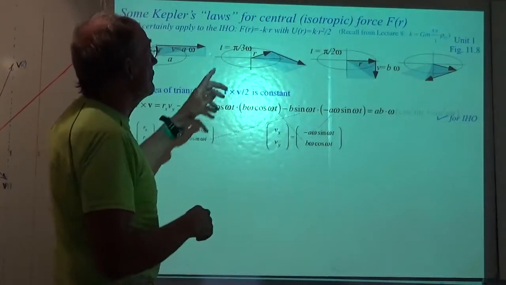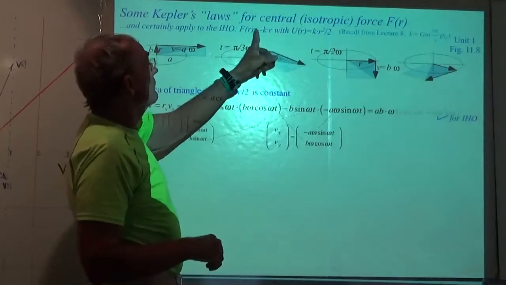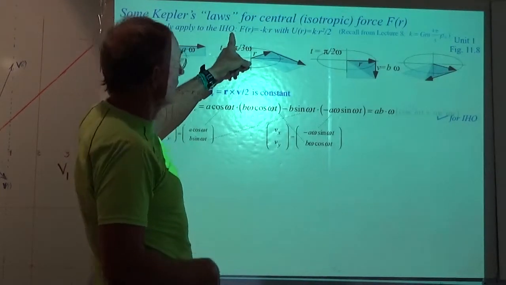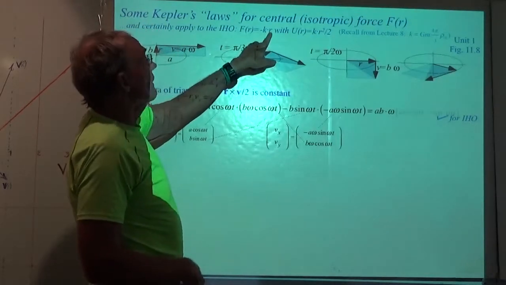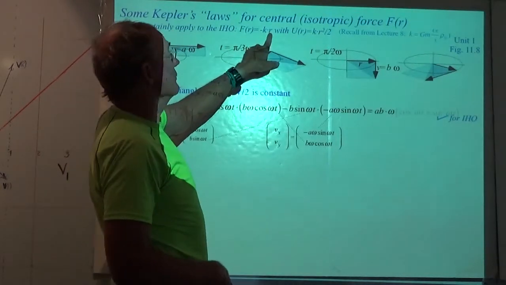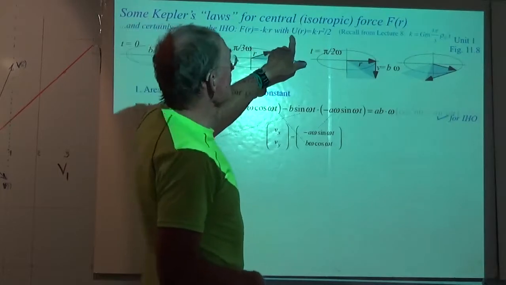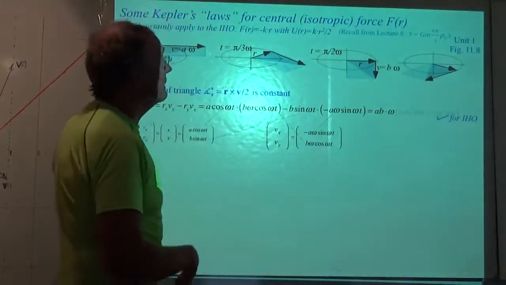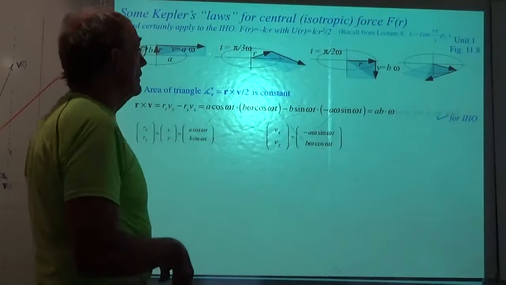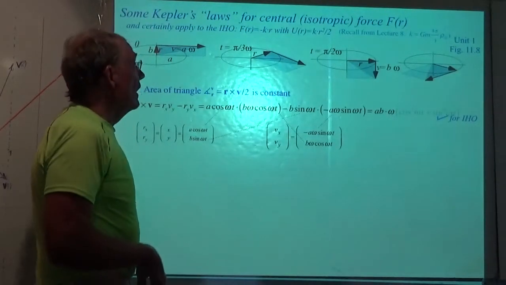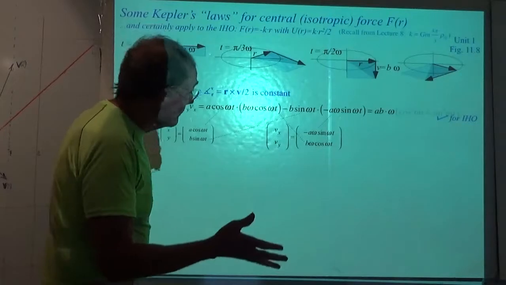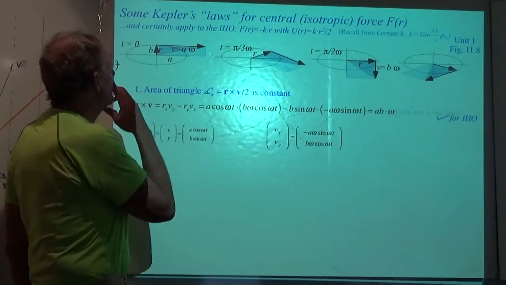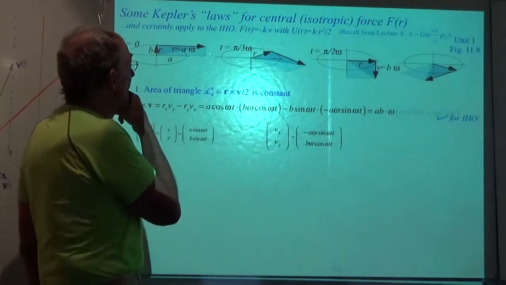So you can have any function of r. We're doing the isotropic harmonic oscillator, which is only a force that's minus the radial distance. But then there's the potential, kr squared. The Coulomb force is going to be inverse r squared, and have a potential that is inverse linear.